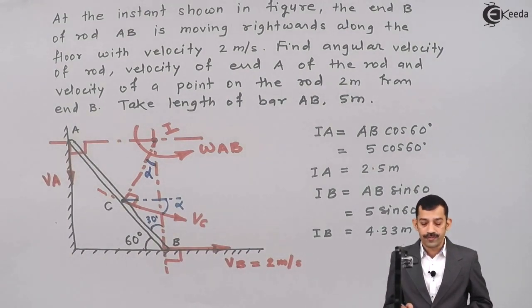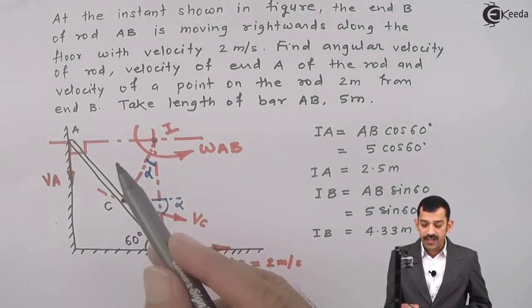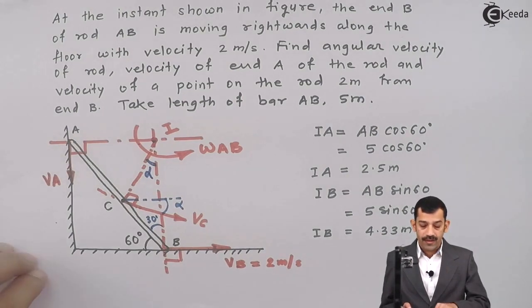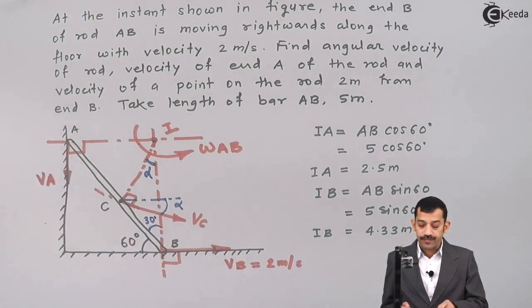Omega AB is known, IA is known, we'll get VA. Third, VC equal to IC into omega AB, we'll get VC. Inclination of VC with horizontal is 21.08 degrees. Therefore, one by one, same equation V equal to R omega will apply for solution of this problem.